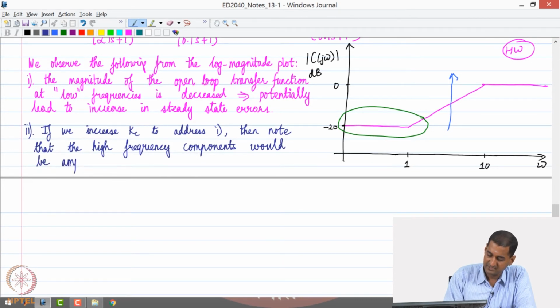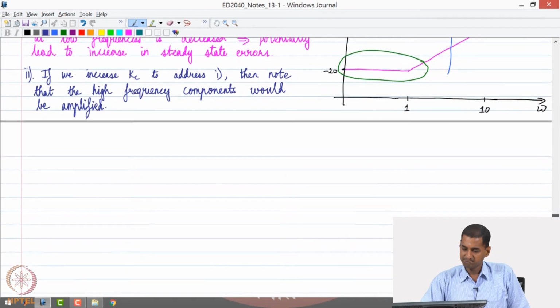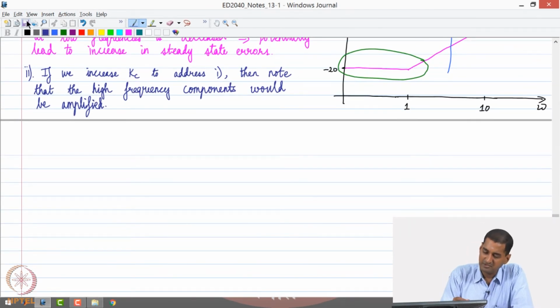That is a flip side of shifting this factor. So, if we increase the value of Kc to address this problem, we see that the high frequency components are also amplified. That is an observation.